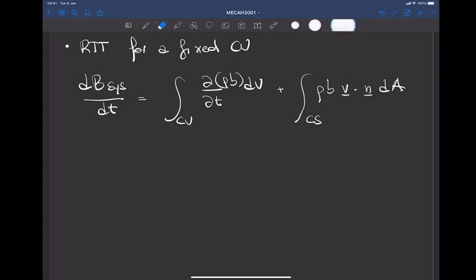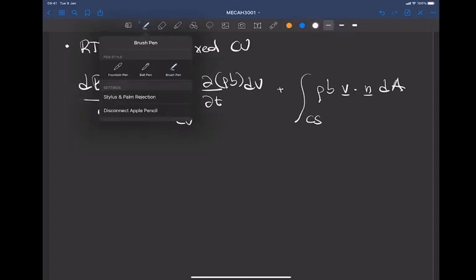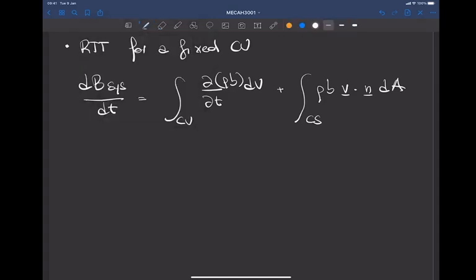So we have to use a material derivative, d over dt, and then we have the integral on a moving material volume at time t of rho b dV.